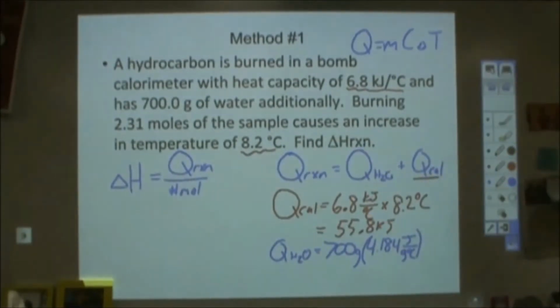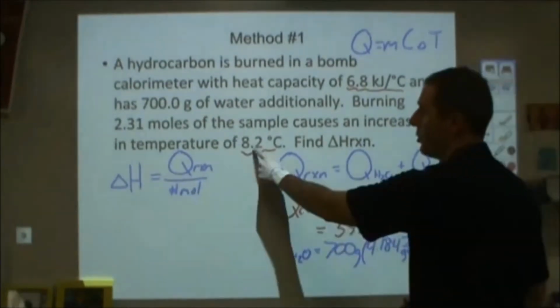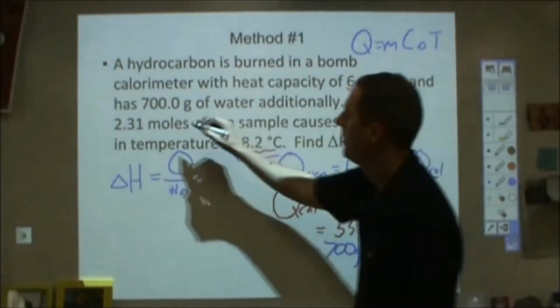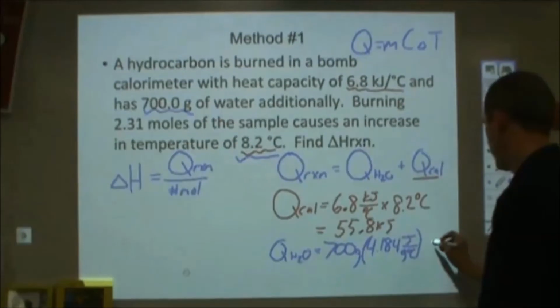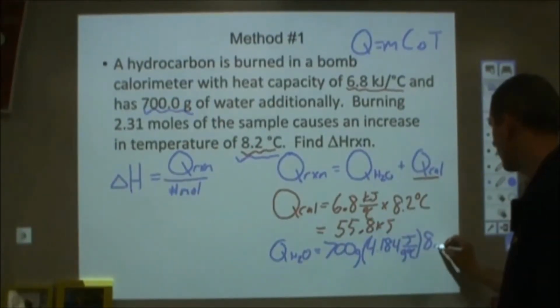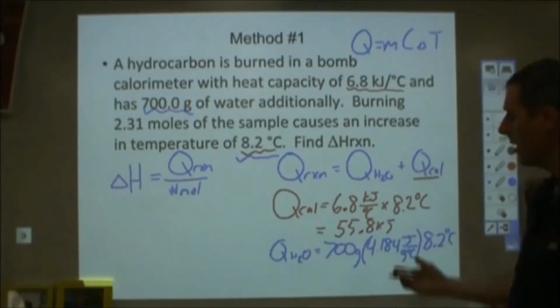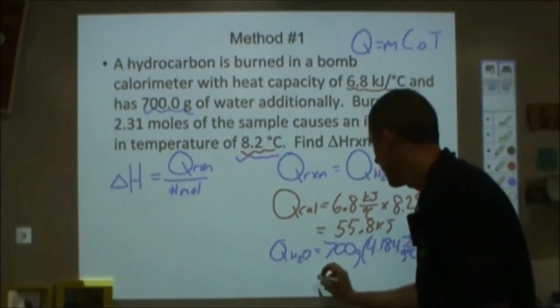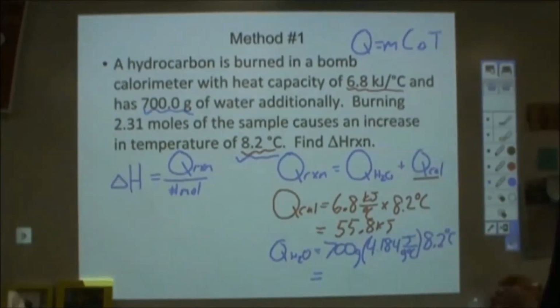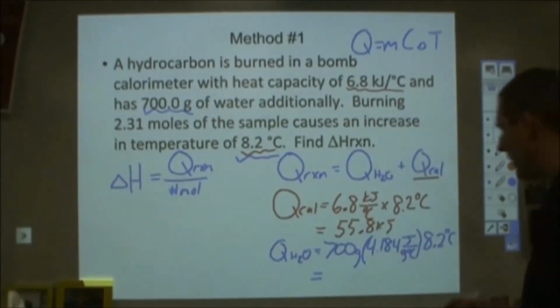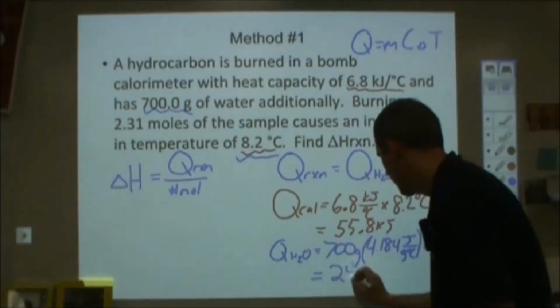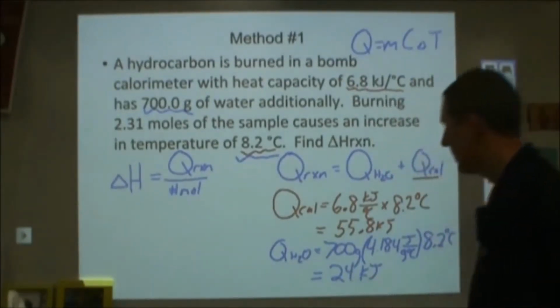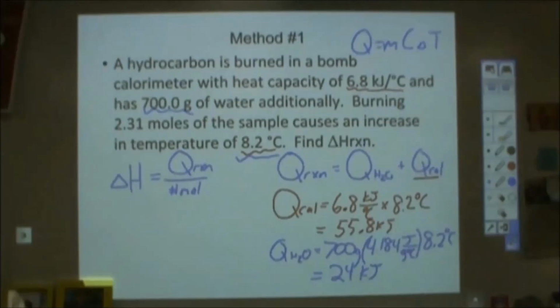I'm going to use 4.184, and my temperature change is the same as it was before. It's 8.2 degrees, they both go up the same temperature change. So calculating that out comes out to be 24,000, I believe. Yep. And I'm going to make that into kilojoules by making that 24 kilojoules instead of 24,000 joules.